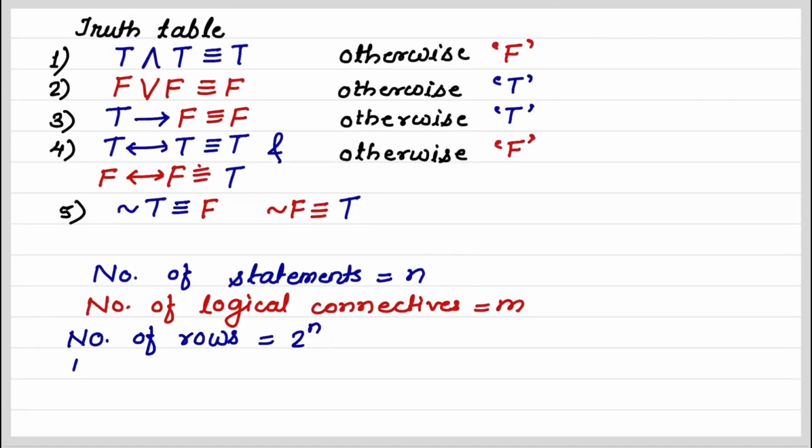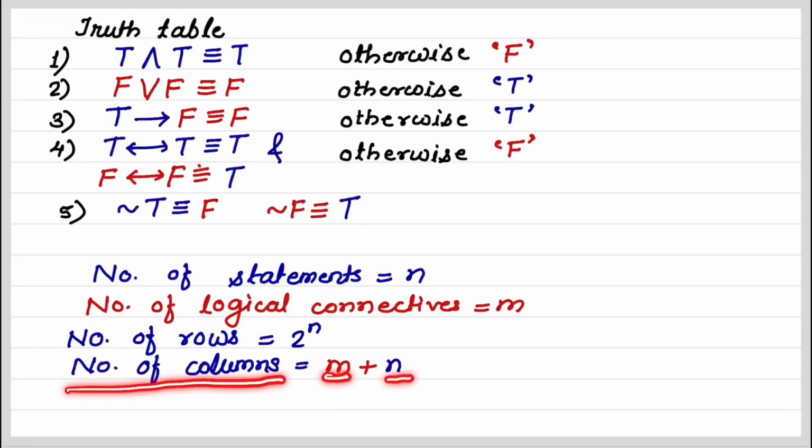That is, 2 raised to number of statements, and number of columns is equal to m plus n. Here m is number of logical connectives and n is number of statements. If you remember these rules, then you can prepare truth table for any statement pattern.